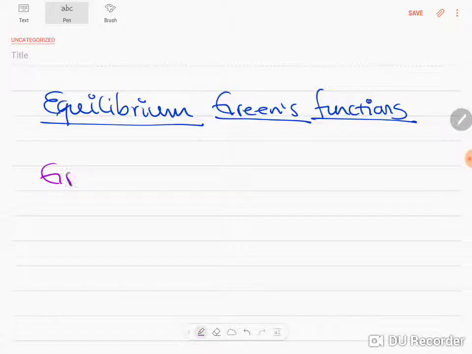So Green's function is as well called an impulse response.